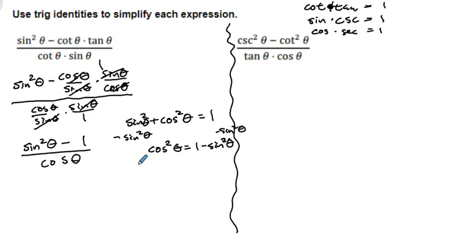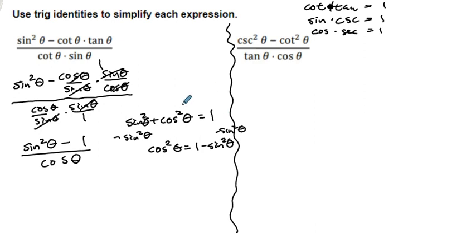Whenever you see things like that in algebra, there are two things you can do. The first thing is you can go back to this, and instead of solving for cosine squared theta, move the 1 over and swap out the cosine squared theta and the -1.